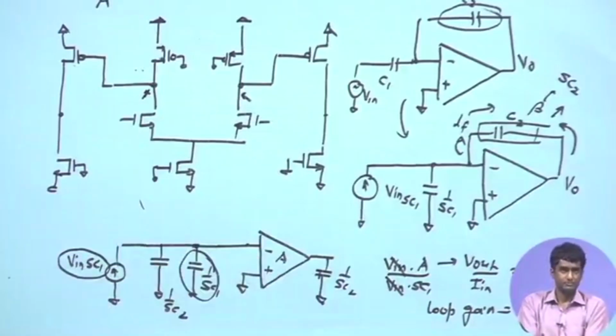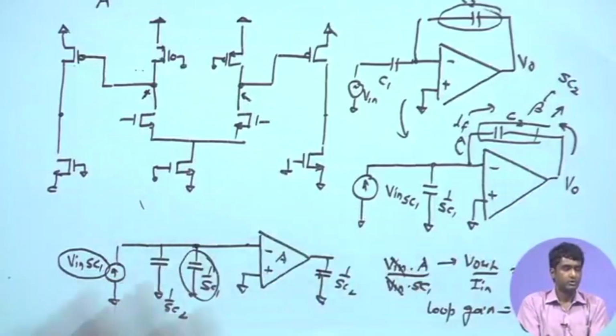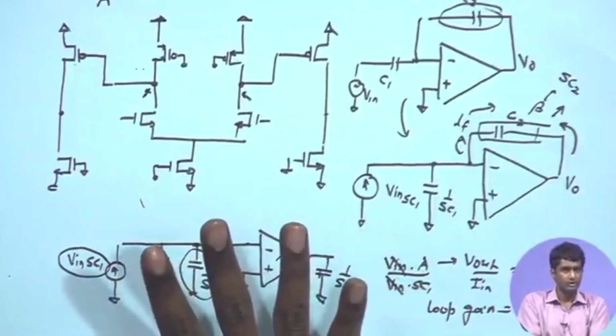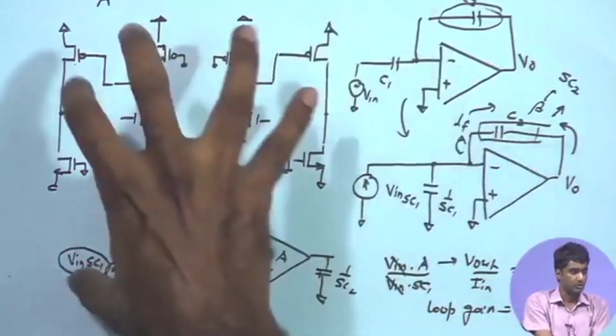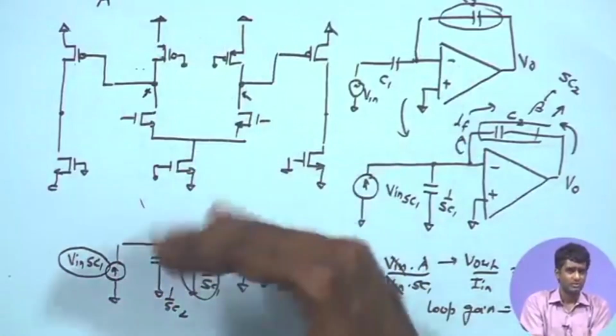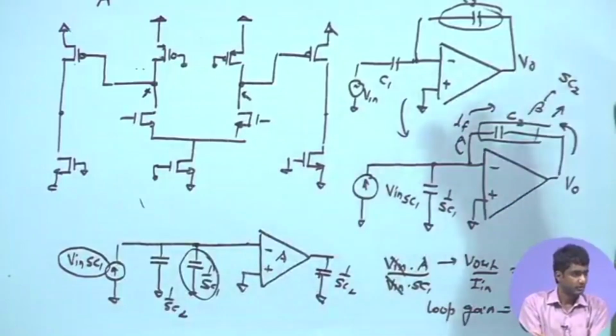So, high values are possible, but it adds more complexity. If you want to keep your design simple and if your precision requirements are relaxed, then probably 10 to the power of 4, 10 to the power of 5 is achievable without adding more complexity. But we will study some additional techniques also through which you can enhance the gain by orders of magnitude and go to 10 to the power of 7 gain also.